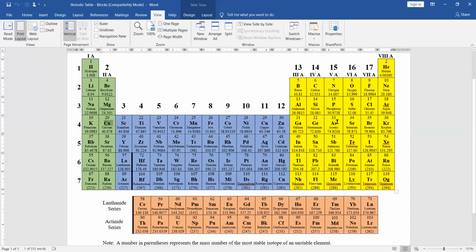Let's look at arsenic. The first question I'm going to ask is, is it a metal or a non-metal? Well, it's neither. It's actually a metalloid. But for ion formation, we will consider metalloids to be non-metals. They are literally not metals.